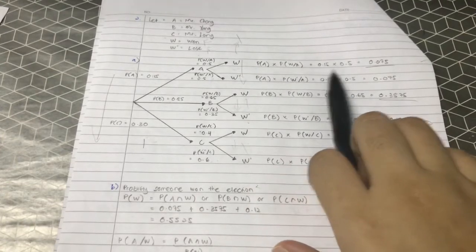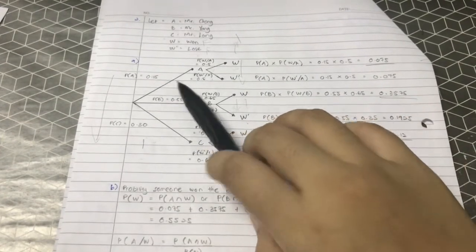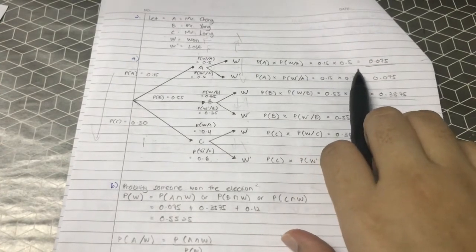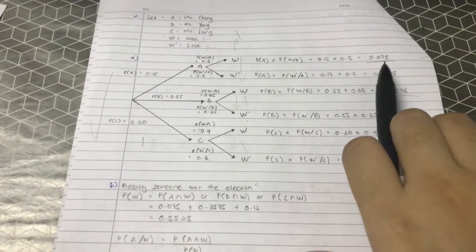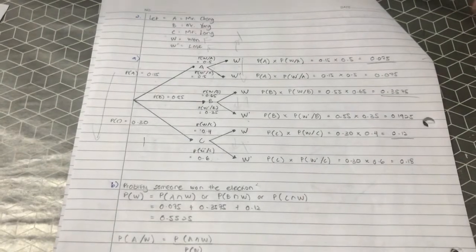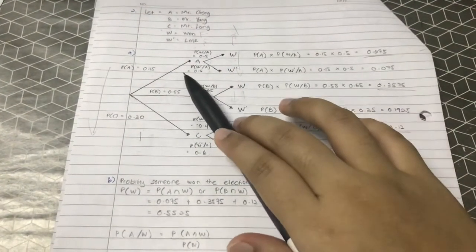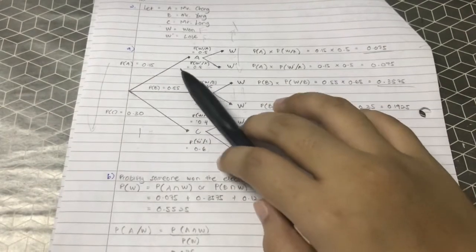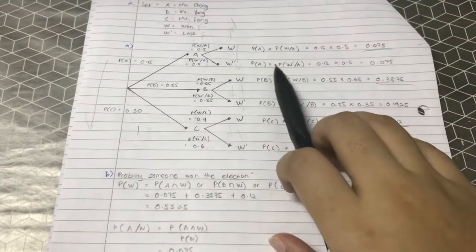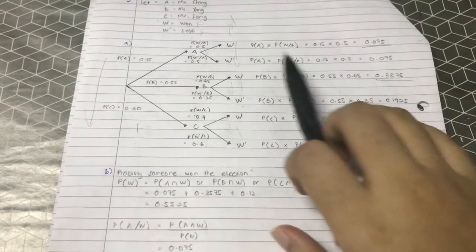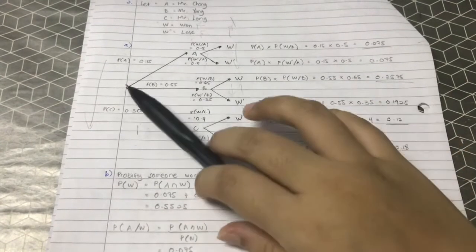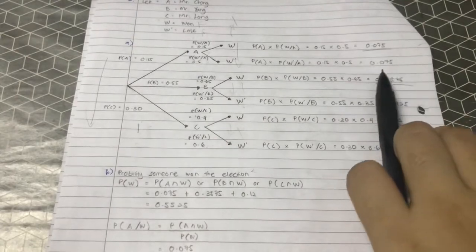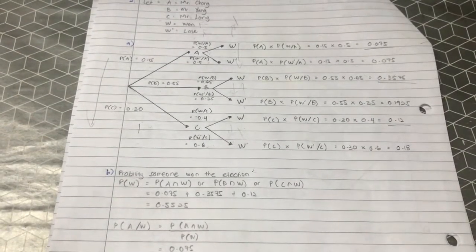So you write the numbers 0.15 and 0.5. So 0.15 multiplied by 0.5, you will get 0.075. Then we do the second one, which is PA multiplied by P lose A. So you write 0.5 multiplied by 0.5, and you will get the same.